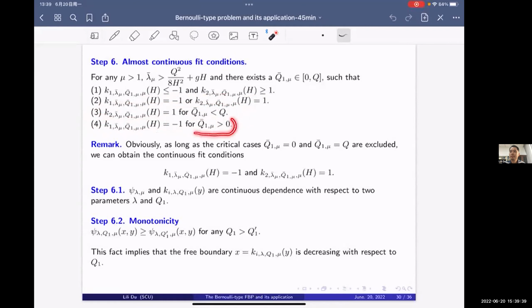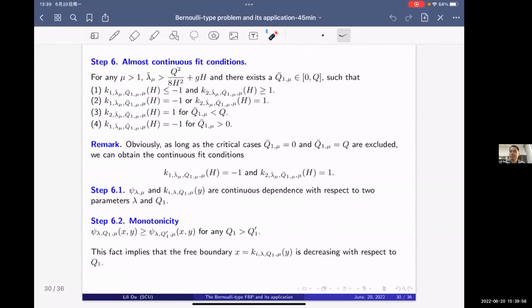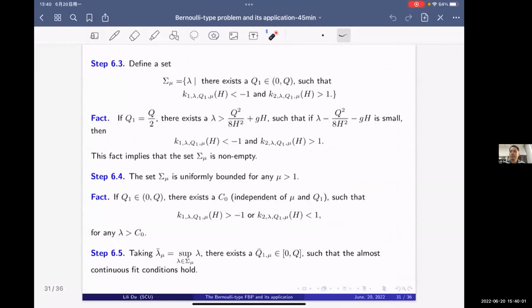If Q1 is positive, the left free boundary connects at the endpoint A1. This is the almost continuous fit condition. Okay, we omit the details here.